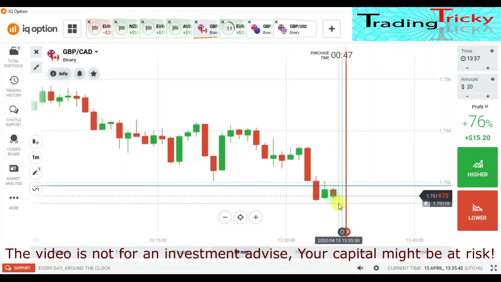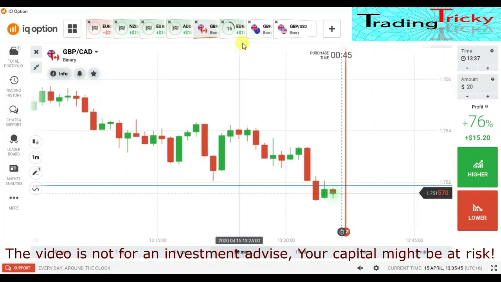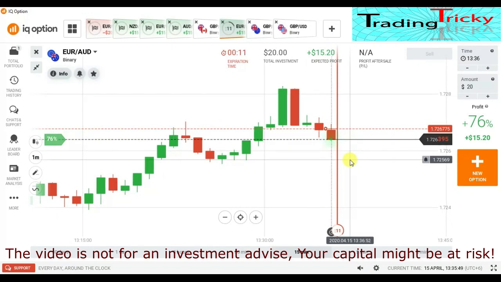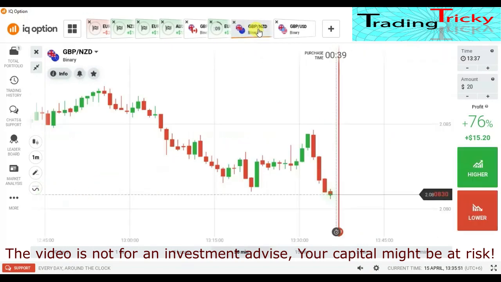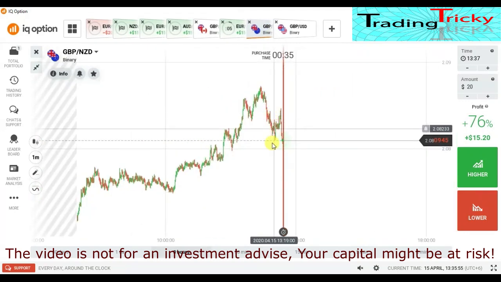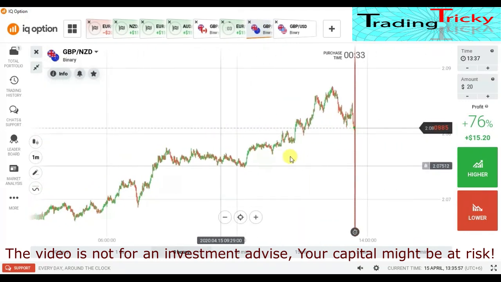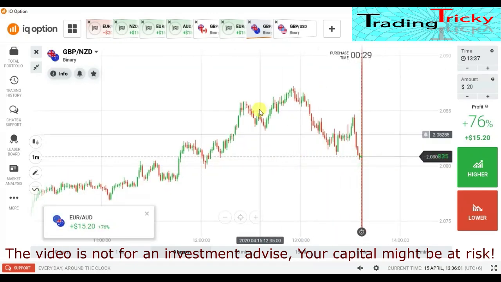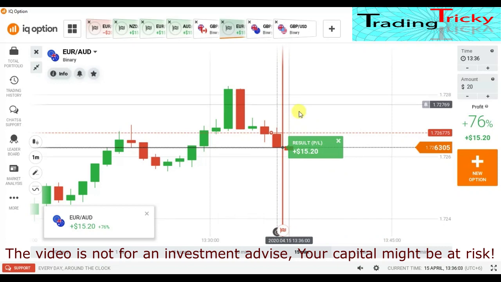Okay, I'll place a trade here on the next candle. Let's close this candle. Okay, this is GBPNZD, yeah, and the major trend is an uptrend, but the minor trend is a downtrend. Okay, I have won this trade too.